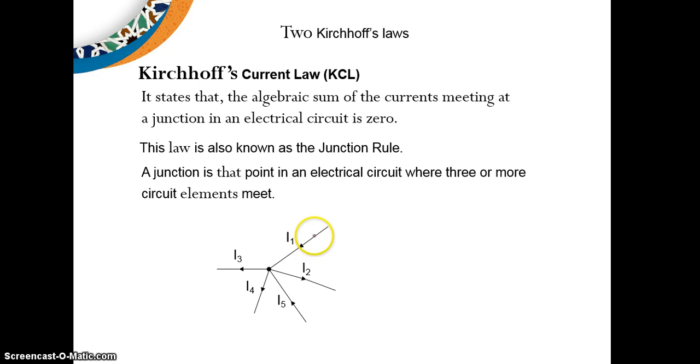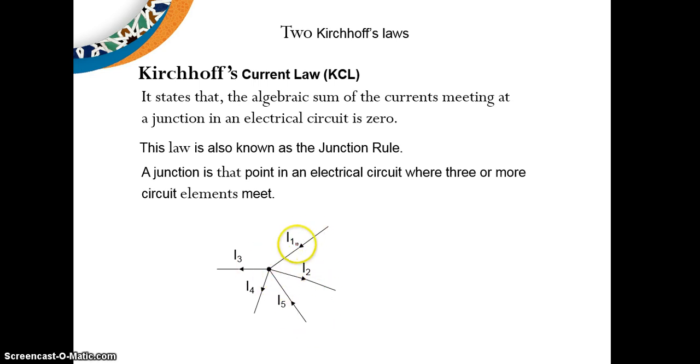Now, whether a current has a plus or minus sign depends on the direction of current. One direction we assume as plus, the other direction we assume as minus. For example, I am going to assume all the currents leaving the junction, going outward, as positive, and all the currents entering the junction as negative.